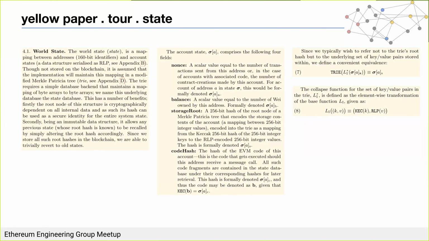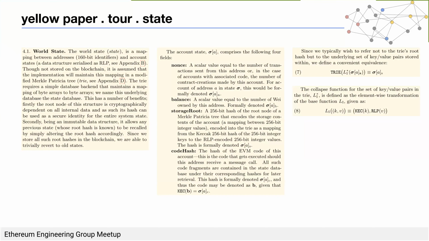So we do talk about state as well. The yellow paper goes into details about what the world state is. And here's another place where it does a really good job of describing things. It gives very descriptive names for exactly what each component of the world state is. You have the nonce, you have the balance, you have the storage root, code hash.